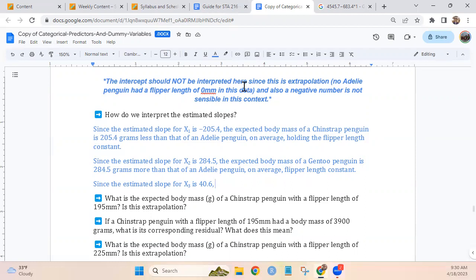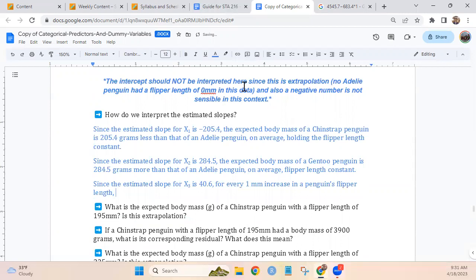So we say for every 1 millimeter increase in a penguin's flipper length, we expect their body mass to increase by 40.6 grams on average, right, for a given species.